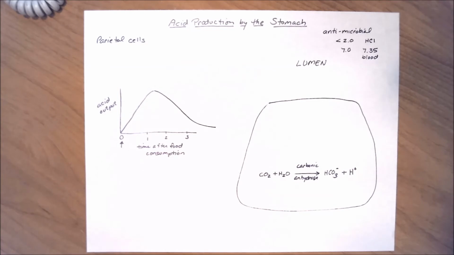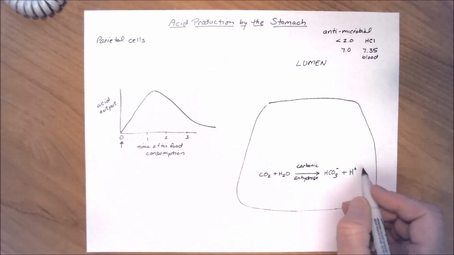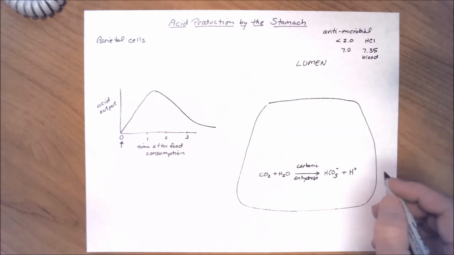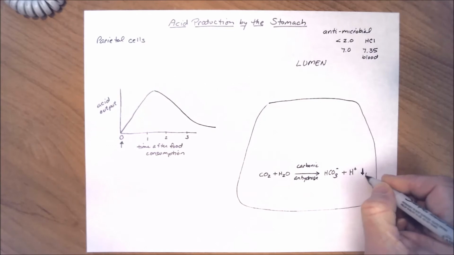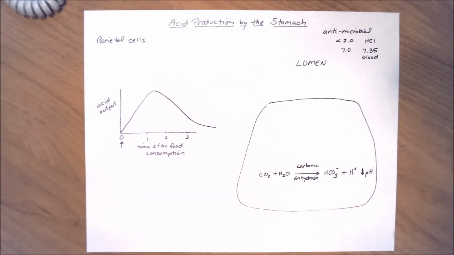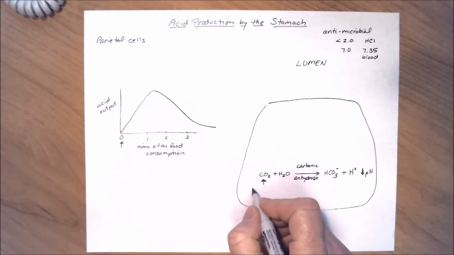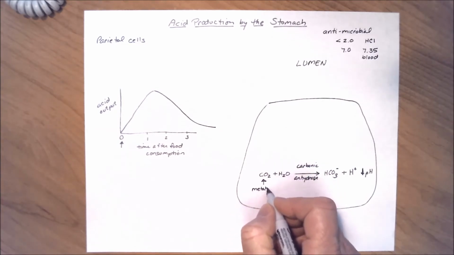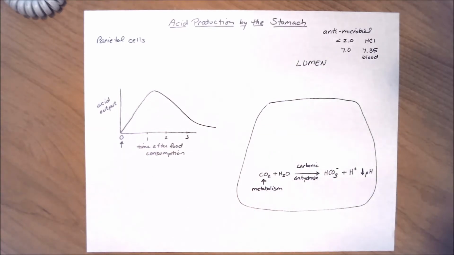Here we have the dissociation of carbonic acid to give our proton, which is ultimately going to decrease the pH. Now again, remember the CO2 is coming from metabolism. We'll talk a lot about this when we get into the oxidation of fuel sources.